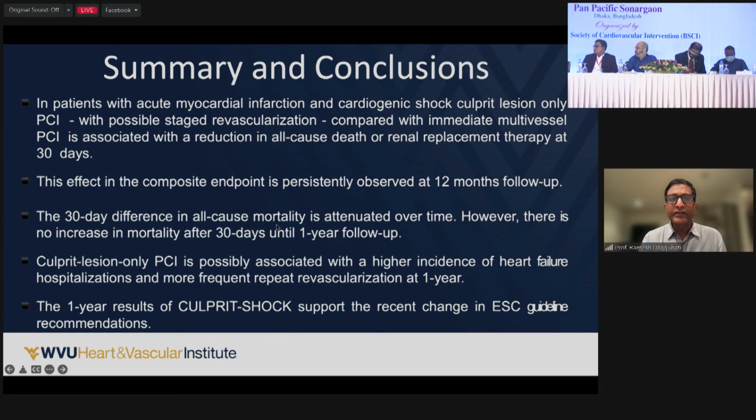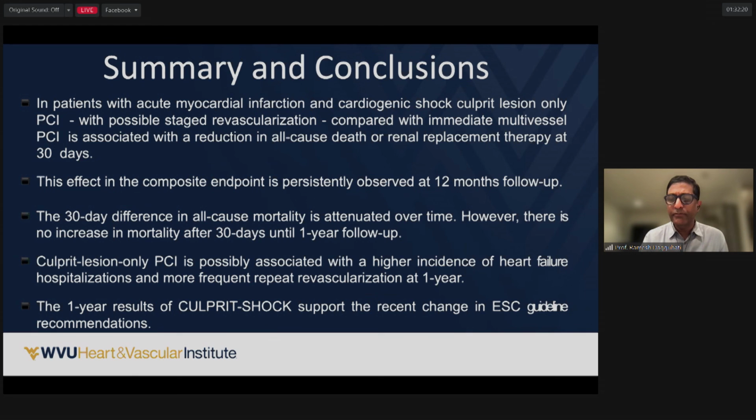The 30-day difference in all-cause mortality is attenuated over time. However, there is no increase in mortality after 30 days until 1 year follow-up. So, right now I think culprit lesion only PCI at the time of cardiogenic shock is a good strategy, followed by pre-discharge PCI of the non-culprit vessels, which is probably the best strategy for these patients.